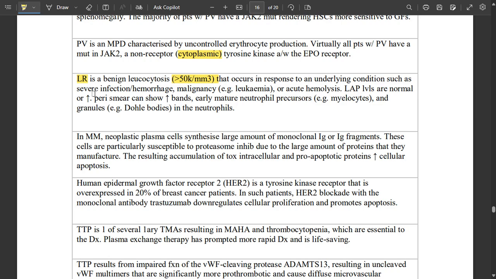So a leukemoid reaction is a kind of benign leukocytosis, more than 50,000 cells per cubic millimeter, that occurs in response to underlying conditions such as severe infection or severe hemorrhage, but lab levels are normal. Leukocyte alkaline phosphatase levels are normal, and the smear shows increased band cells and early immature neutrophils with Dohle bodies.